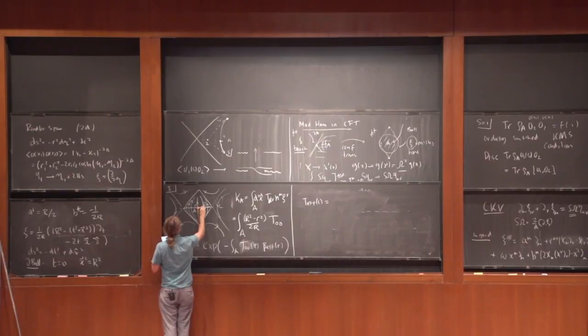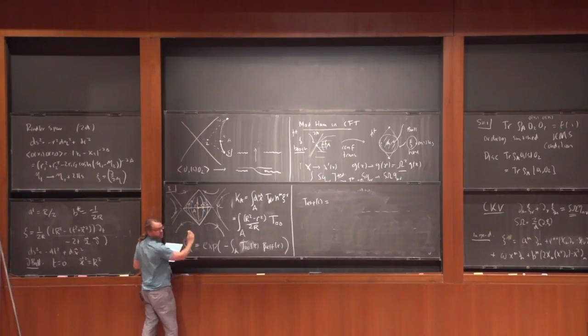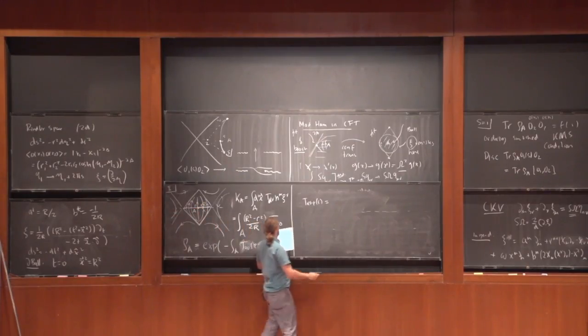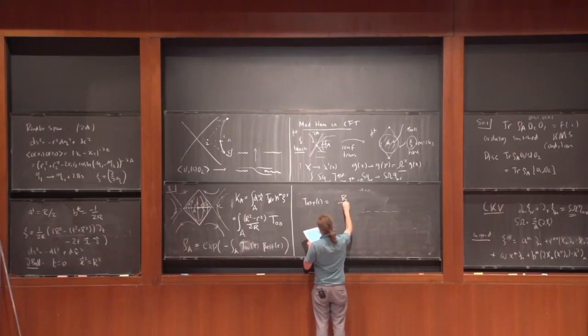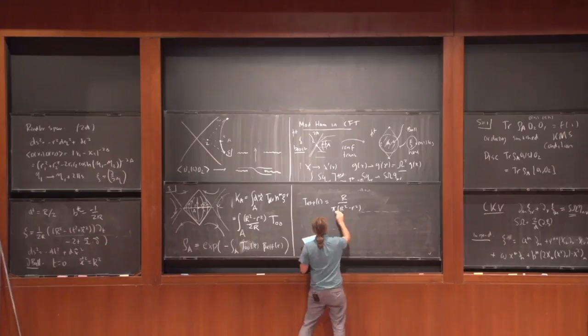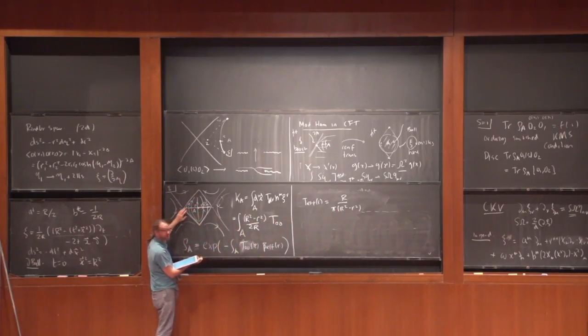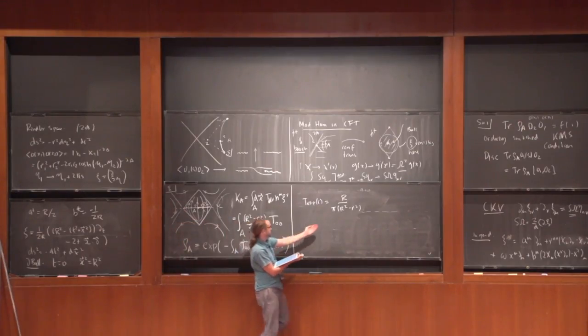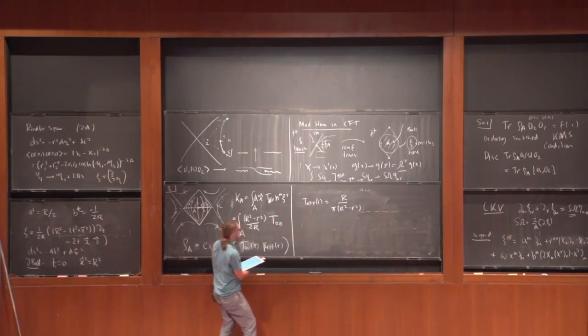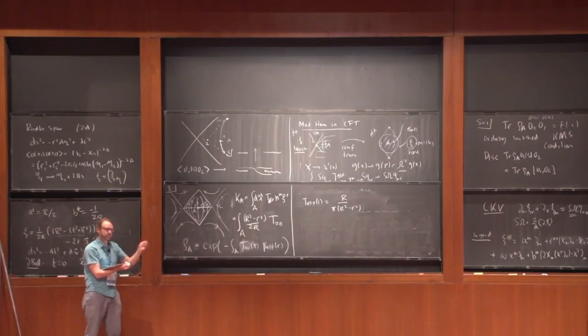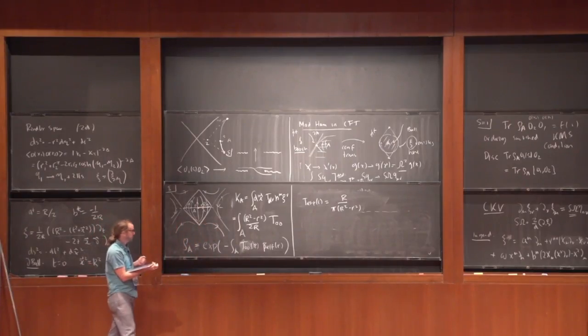So R is the coordinate from the origin here. Notice that it's nice and smooth here, but as you go to the boundaries, the temperature blows up. So the temperature diverges, and this is exactly the same thing that happens in Rindler space. The temperature diverges as you go towards the horizon.